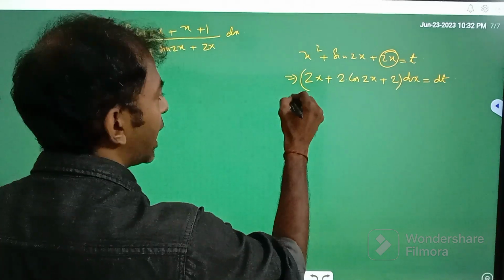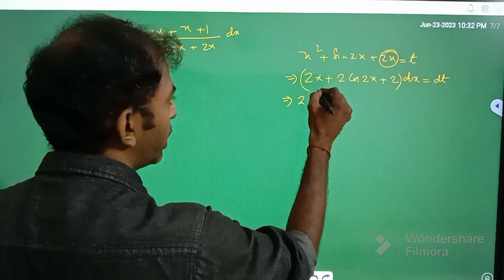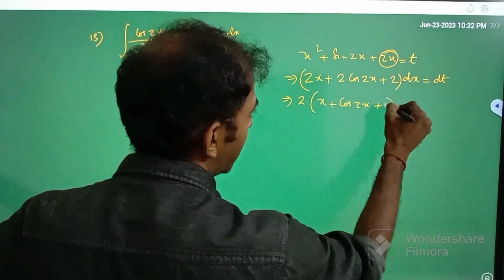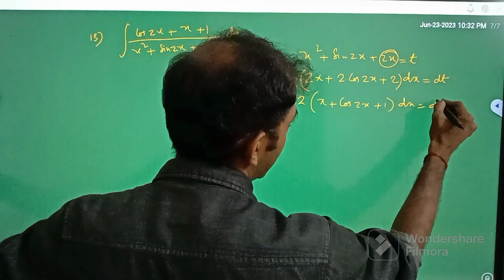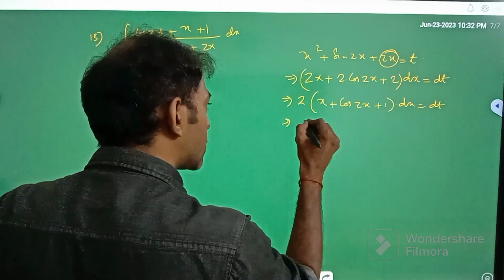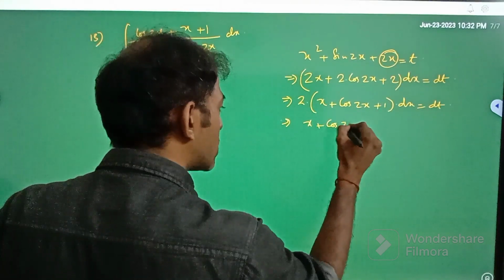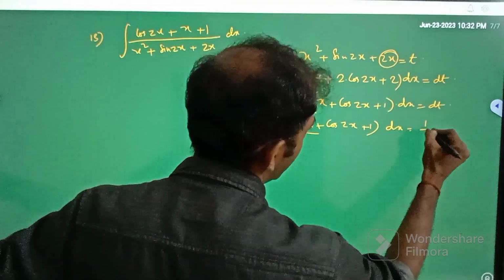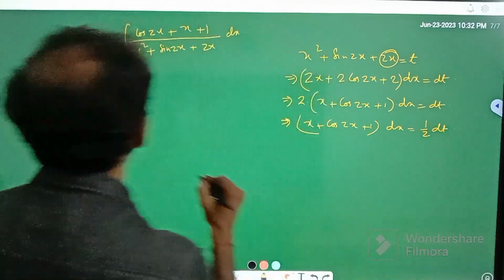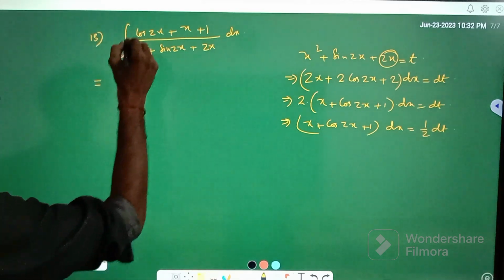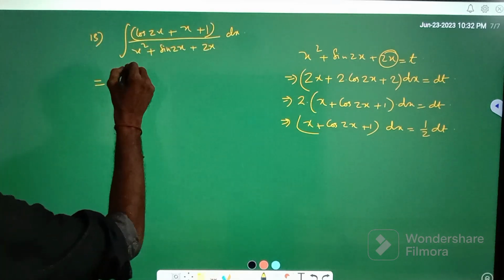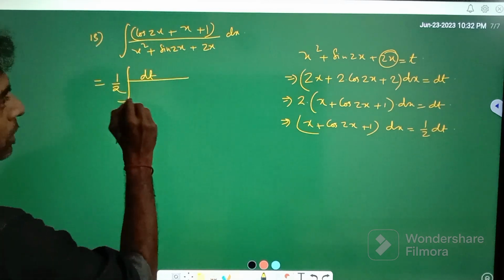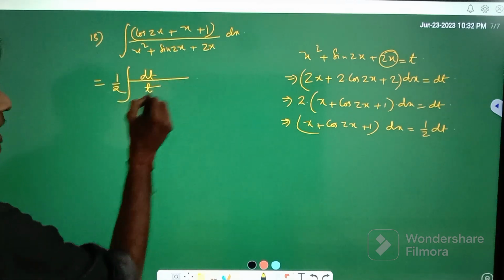Taking 2 out, 2 into (x plus cos 2x plus 1) dx equals dt. Hence (x plus cos 2x plus 1) dx is equal to half into dt. So you need to substitute this by half dt, and the denominator part will be represented by t.